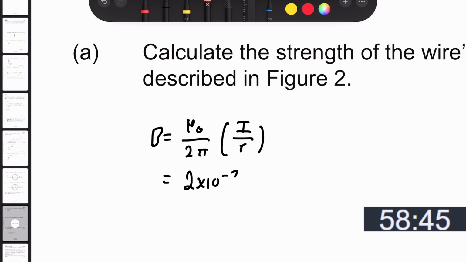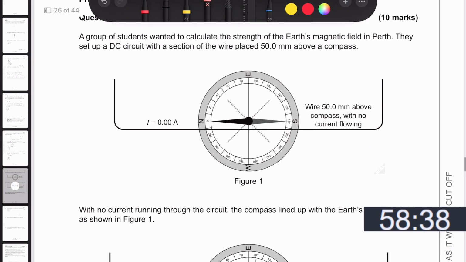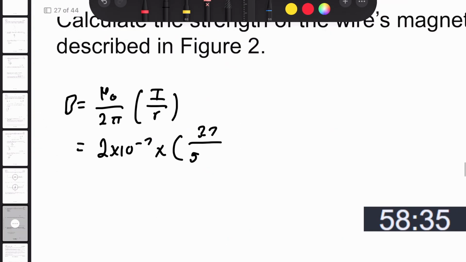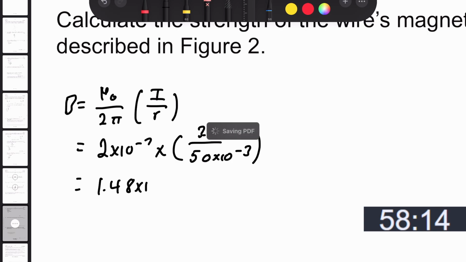Yep. Times 3.7 all over 50 times 10 to the negative 3. So that equals 1.48 times 10 to the negative 5 Tesla.